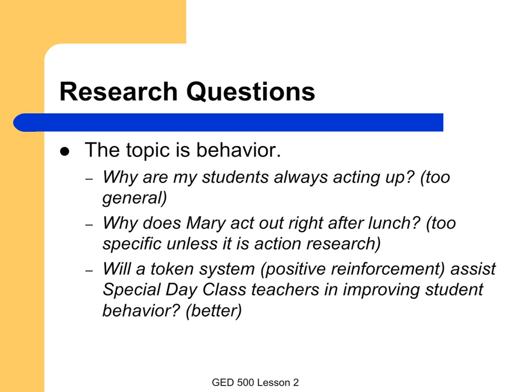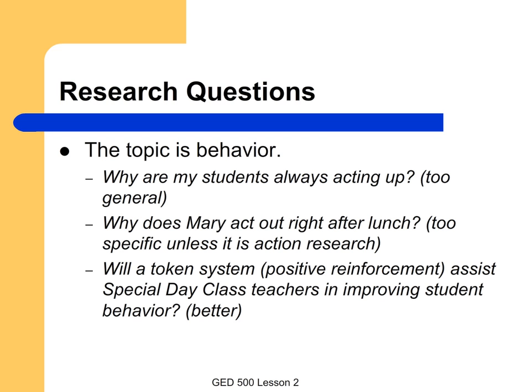How about this one? Will a token system, such as positive reinforcement, assist special day class teachers in improving their students' behavior? So now we can look at this token system, and again, in quantitative ways, right? We can measure how the token system influences the student behavior, okay?